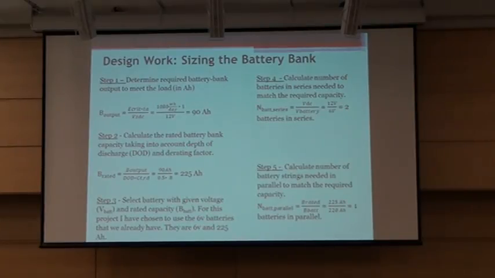To calculate the battery bank, I first found the required amount of amp hours to supply the load. I then calculated the rated battery bank capacity, taking into effect the depth of discharge, which is how far down the batteries could be drained, and derating factor.